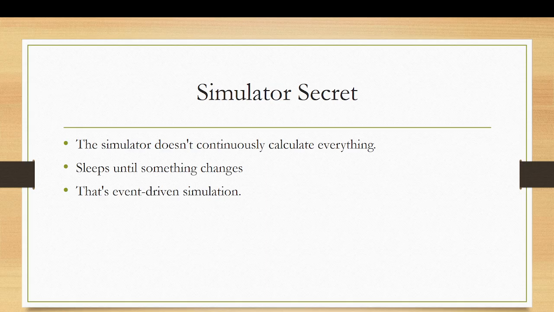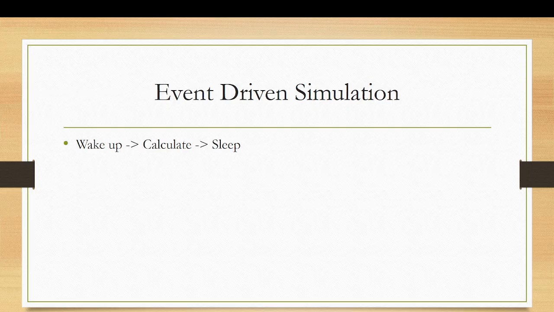If nothing happens, the simulator doesn't calculate anything. If something happens, it wakes up and calculates. Input changes, simulator wakes up, calculates outputs, returns to sleep. Wake up, calculate, sleep. That's it. Simple, elegant, efficient. And this is exactly how modern simulators work.